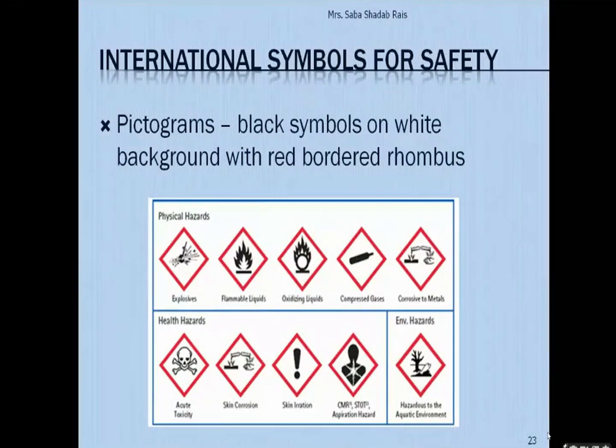When you enter the laboratory, you will find all such symbols on your chemicals. This reduces the risk to students and also to teachers.